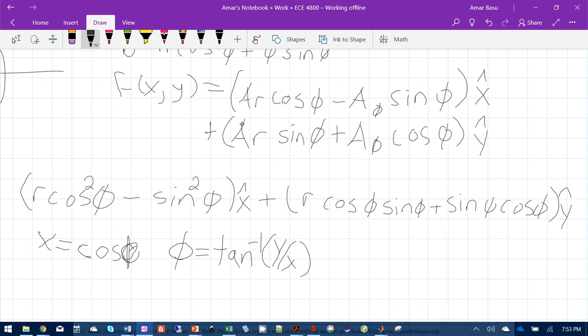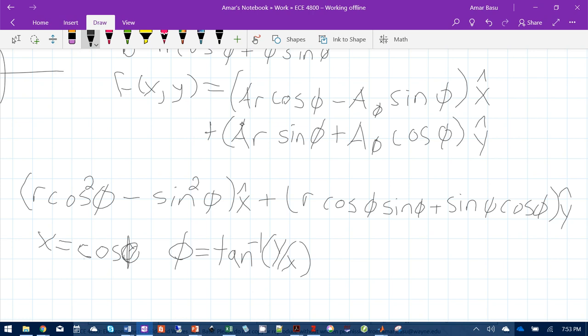That's what you do, and then start plugging in to remove all of the phi's. But as Jeremy and I were discussing today, everywhere you have a cosine phi, if you actually put in cosine of inverse tangent of y over x, that can get kind of complicated.